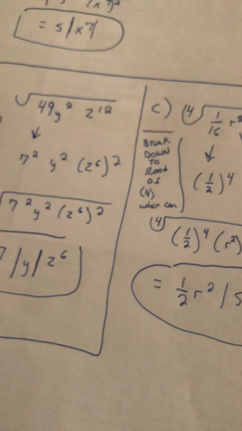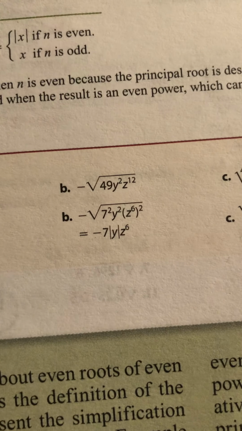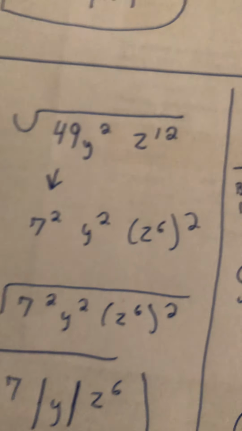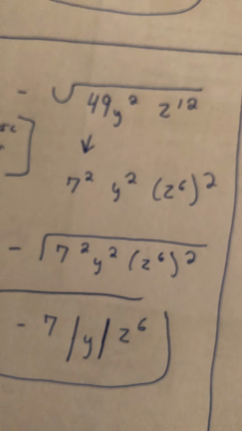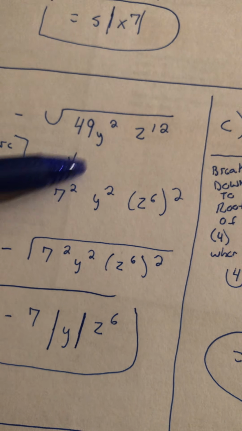All right, same concept. Let's go ahead and look at the B portion. So we're given negative 49. What I did here, if it isn't up here, it's an understood square, right? So I already knew that, so I took and got 7 squared.